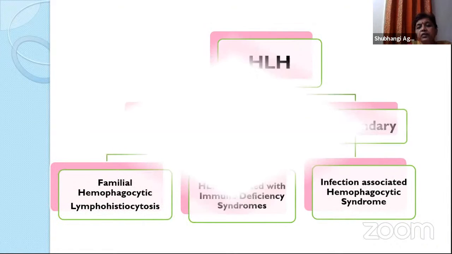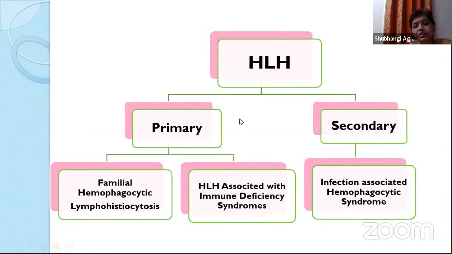Coming to the different types of HLH, you have a primary HLH and a secondary HLH. Of the primary HLH, you have 2 types, familial hemophagocytic lymphohistiocytosis and HLH associated with the immune deficiency syndromes. In the secondary, you have infection-associated hemophagocytic syndrome.